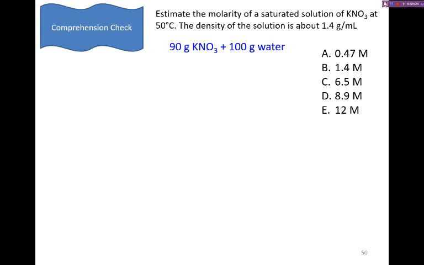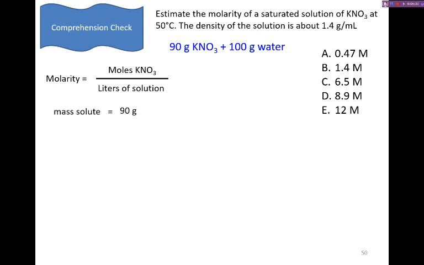If we're asked to find the molarity, let's start by defining that. We need to find the moles of potassium nitrate and the volume of the solution. Well, the moles will be rather easy because we know how many grams of potassium nitrate we have. To find the volume of the solution, we're going to need to add together the solute and the solvent's mass and use the density.